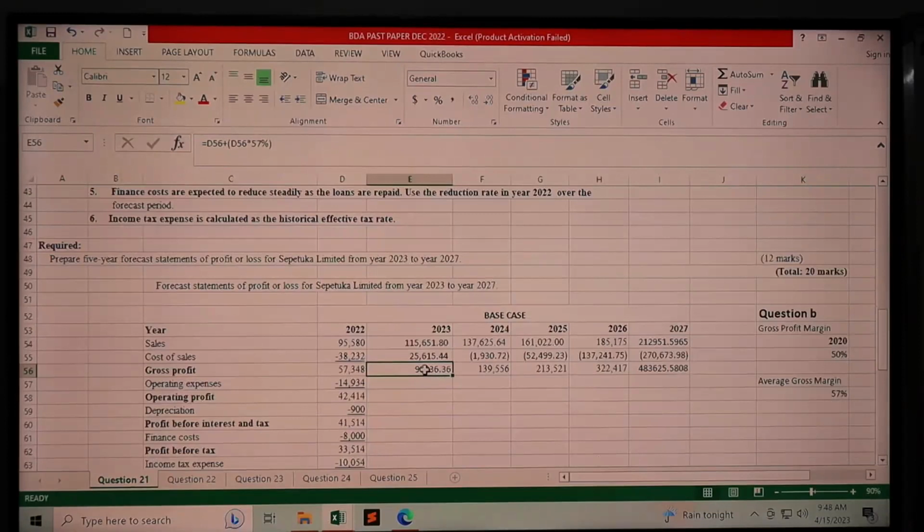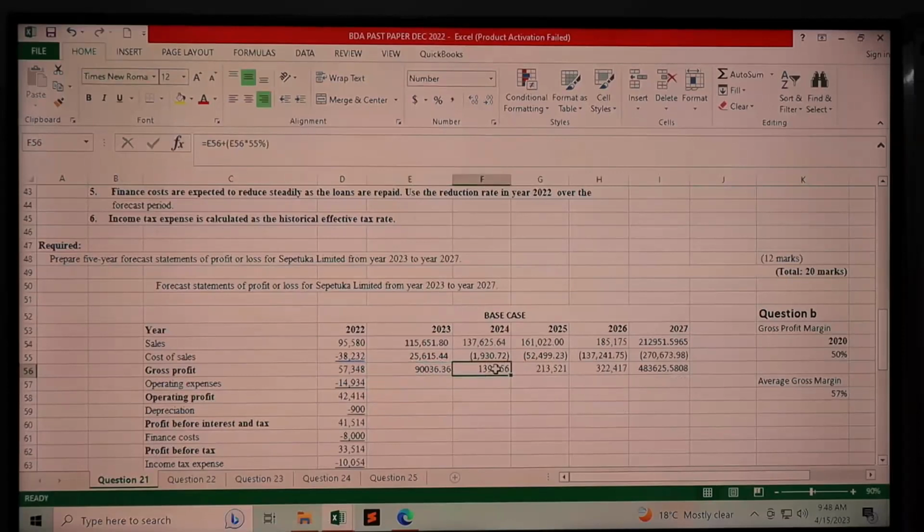So the first one will be 57, not affected. We can say this amount plus the growth rate, or 157% of this, which will give you this amount.